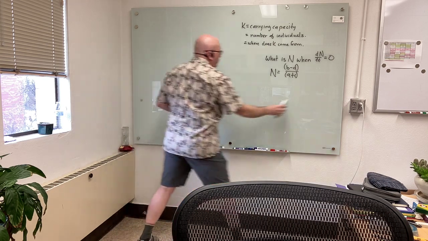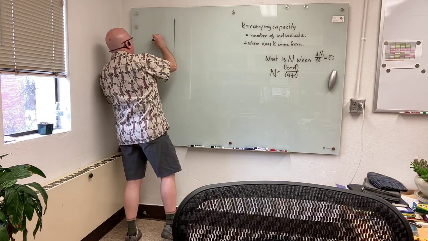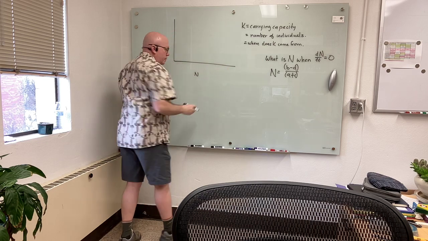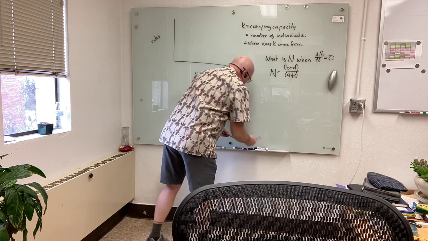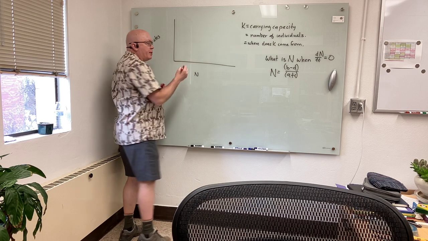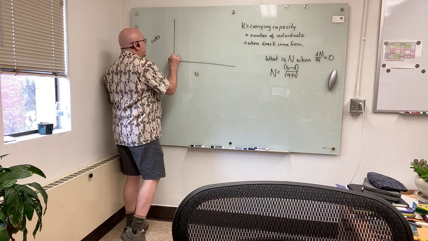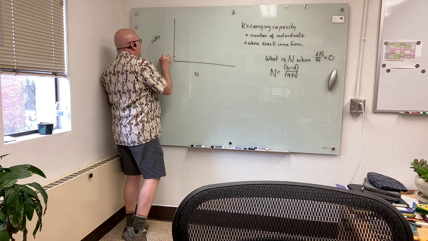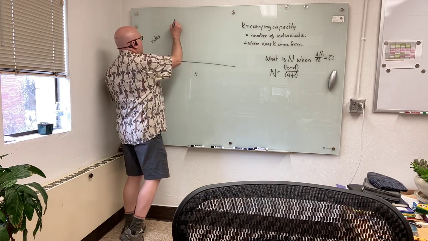We can draw a graph where on the y-axis are the rates, and on the x-axis is population size. And we can use the red marker for death rate, and in the tortoise example, we had a per capita death rate of 5. And we had a per capita growth rate of 6.